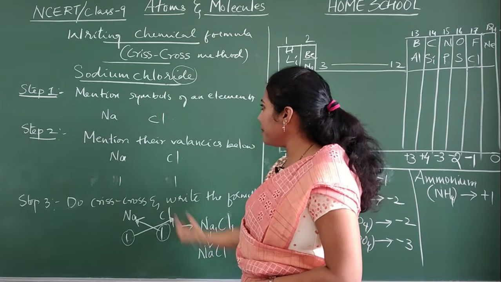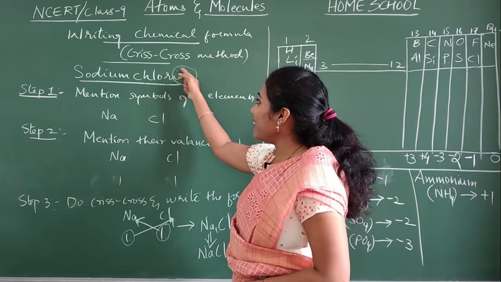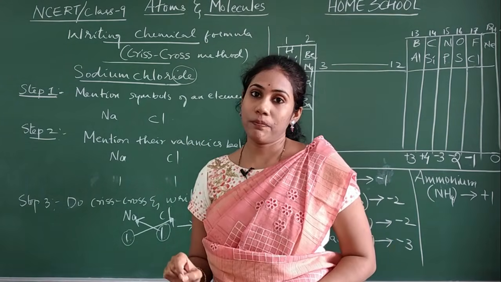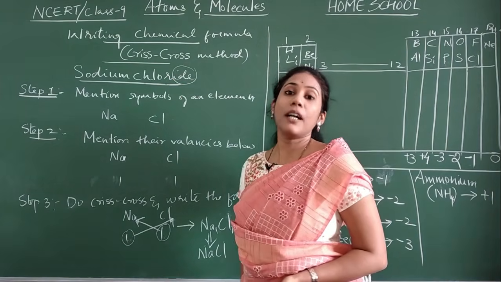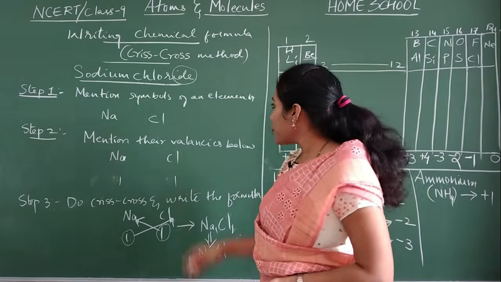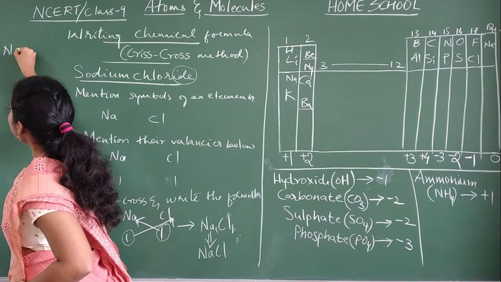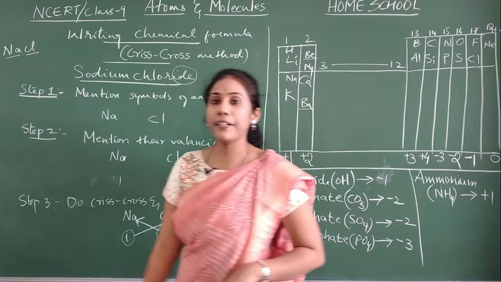And now let me tell you why we have written chloride, because symbol Na means sodium, Cl means chlorine. So why we have written IDE is because of a rule. There is a rule in naming compounds also. So usually NaCl. Here, which is the positive part and which is the negative part?